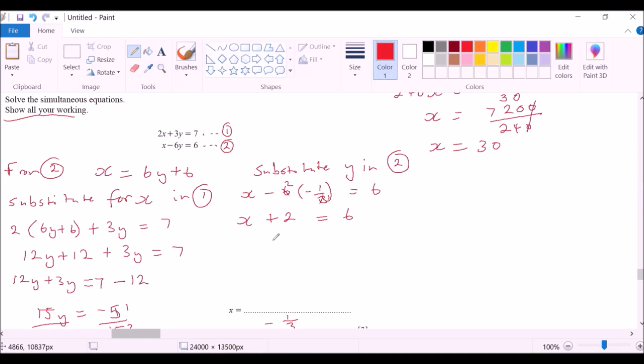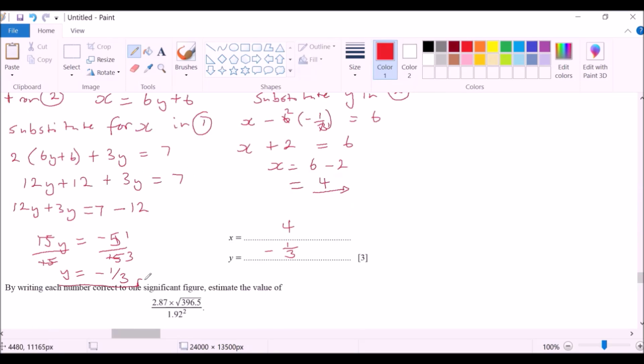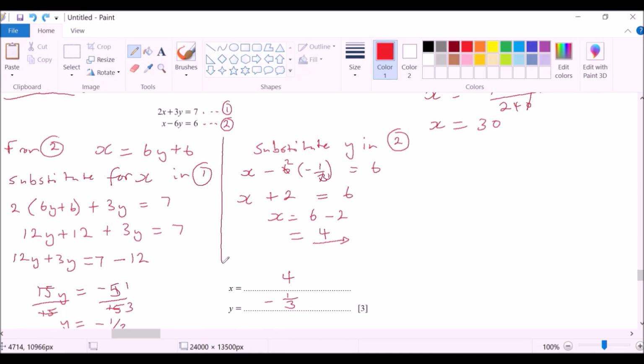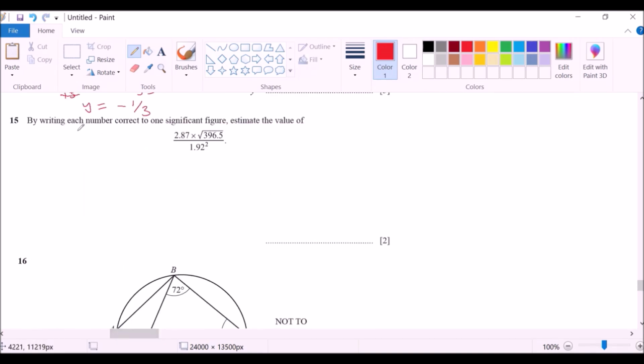Taking 2 to that side, we have x is equal to 6 minus 2, which will give us 4. So we have x is equal to 4, y is equal to minus 1/3. So that is our answer. Remember, show all your working. Let's go to number 15.